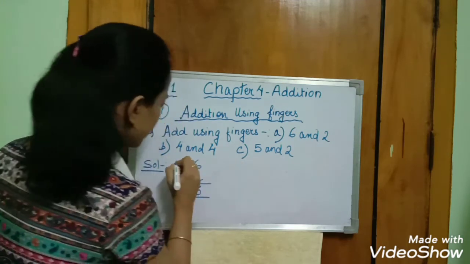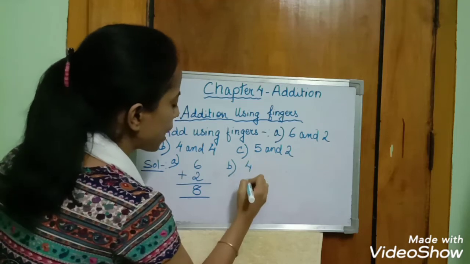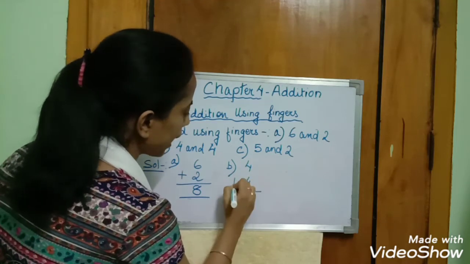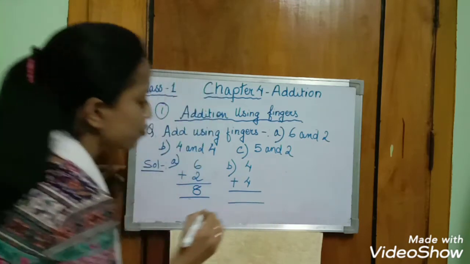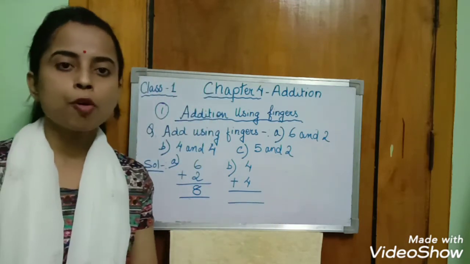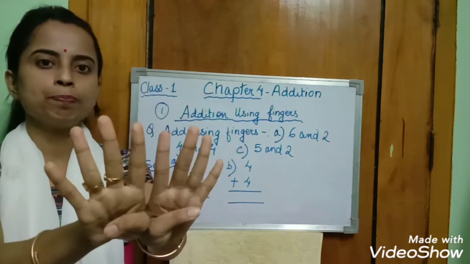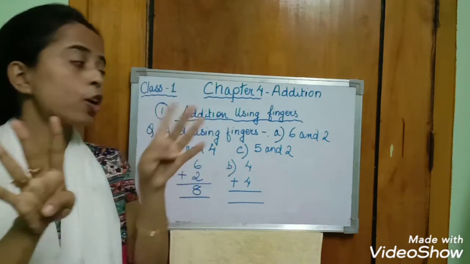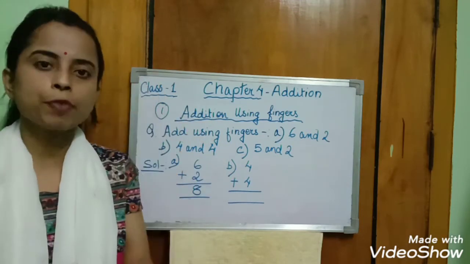Next one, B. 4 plus 4. Add 4 and 4 to get the sum. Because we are doing addition using fingers, we will be using fingers.